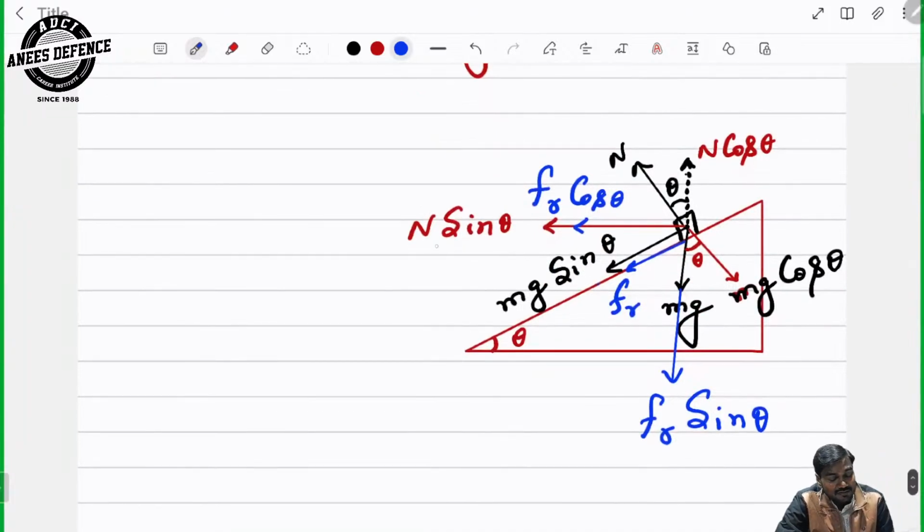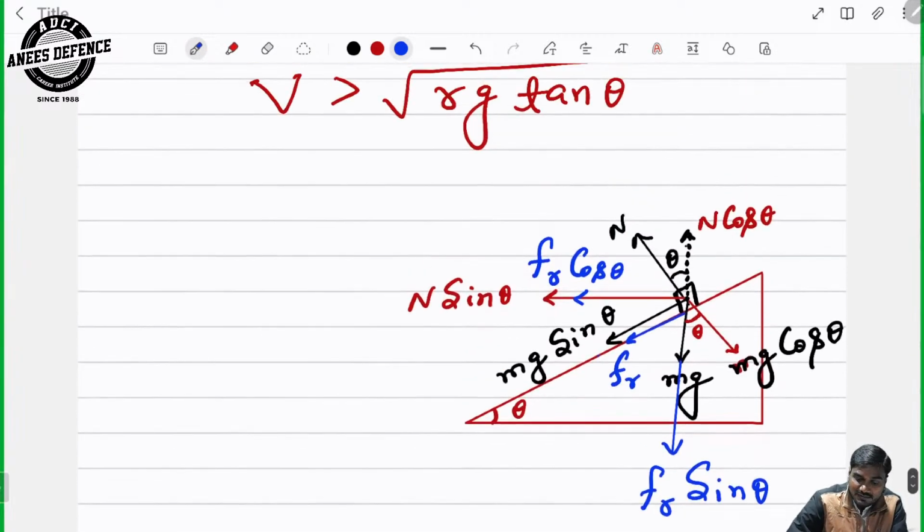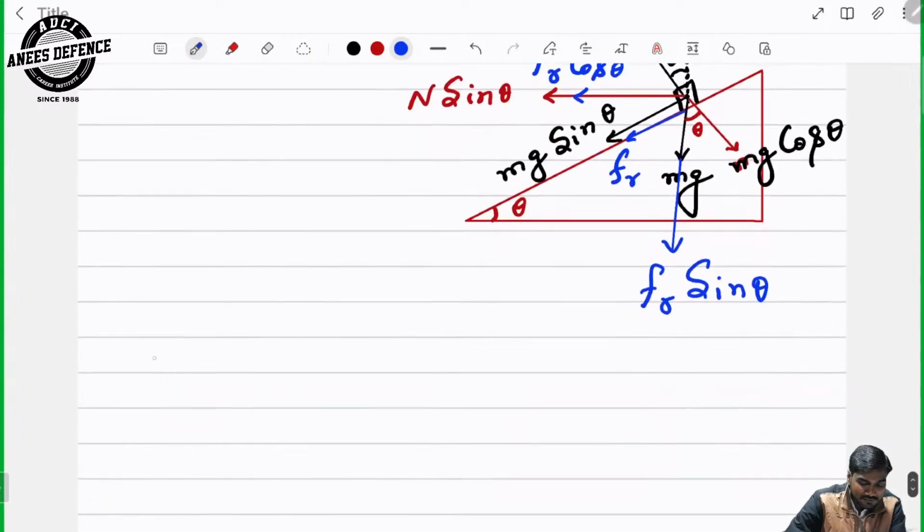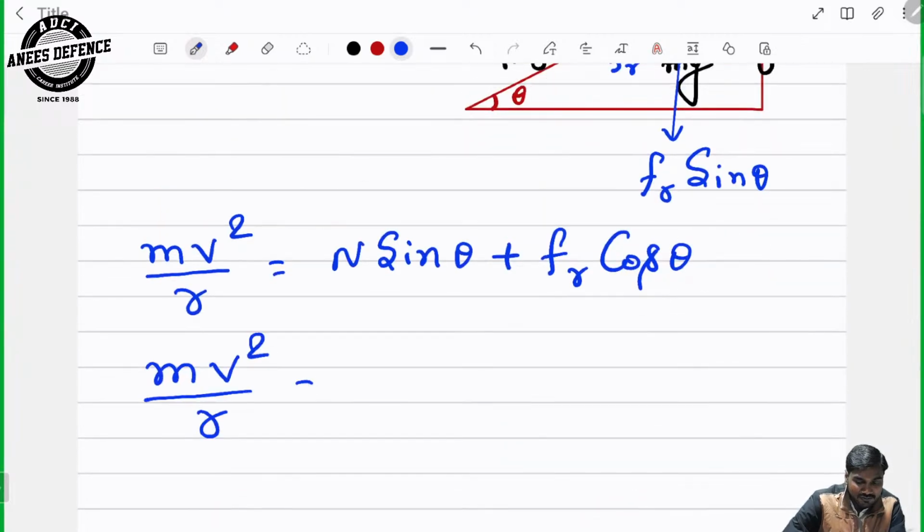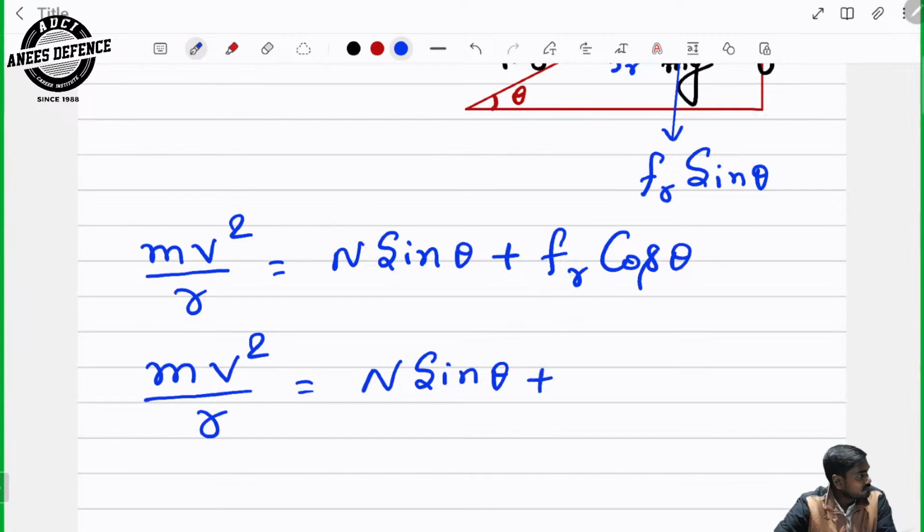But now centripetal force is N sin theta plus Fr cos theta. Is it clear? So write down, in this case, centripetal force mv squared upon r is equal to N sin theta plus friction force, which is nothing but what?